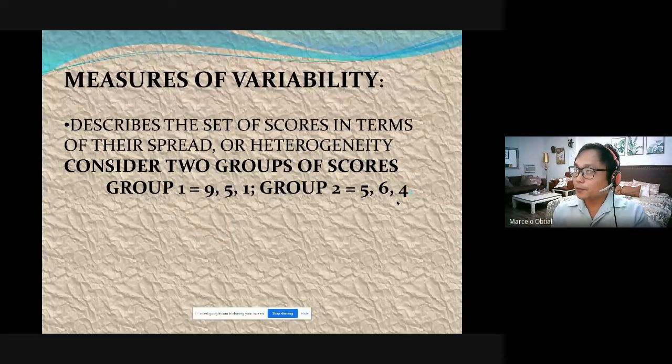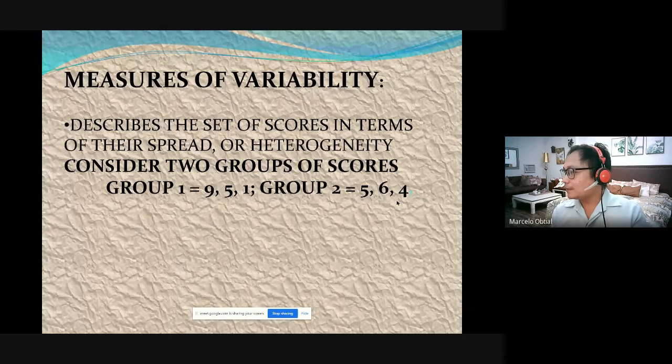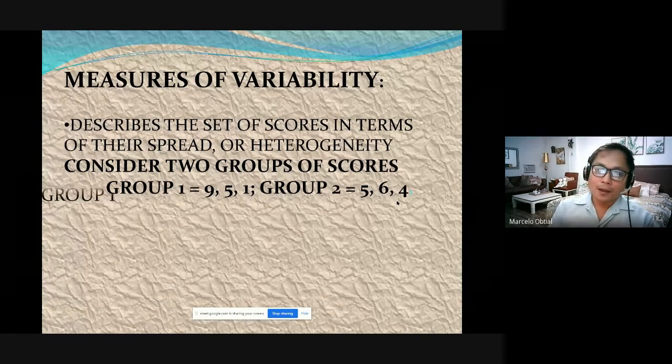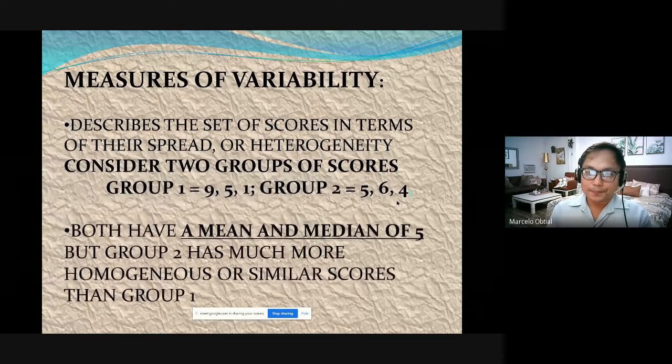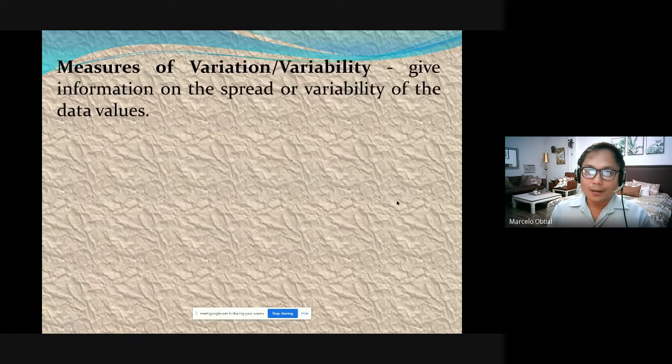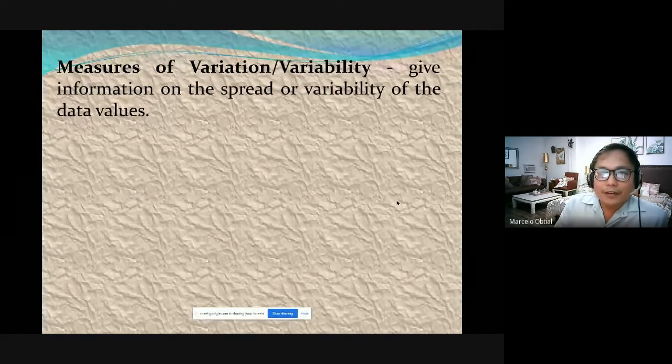Okay? So may nag-answer ba ng group 2? Can we hear your reason bakit group 2 yung pinili natin? So wala, nag-agree din ng group 1 lahat. Okay. Again, measures of variability give information on the spread or variability of the data values.